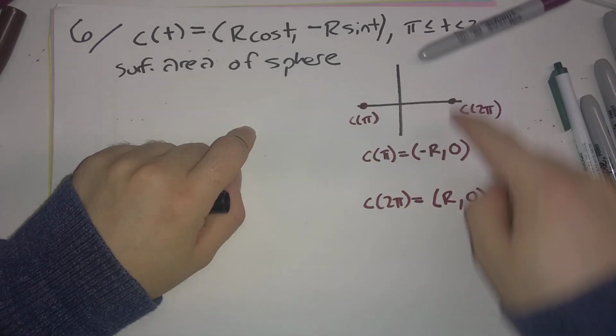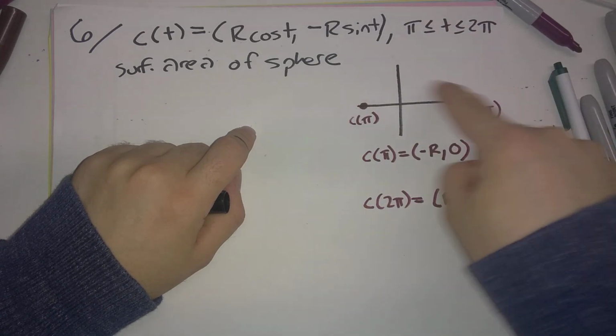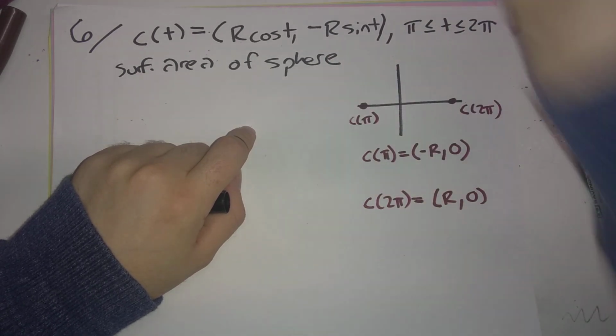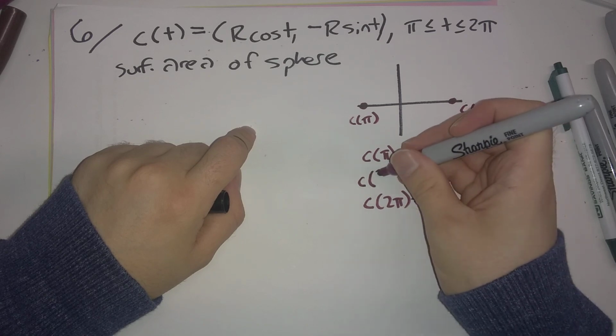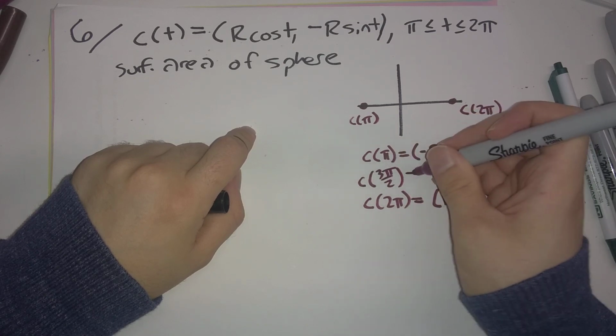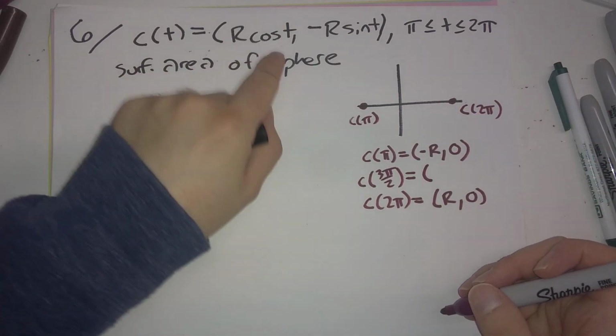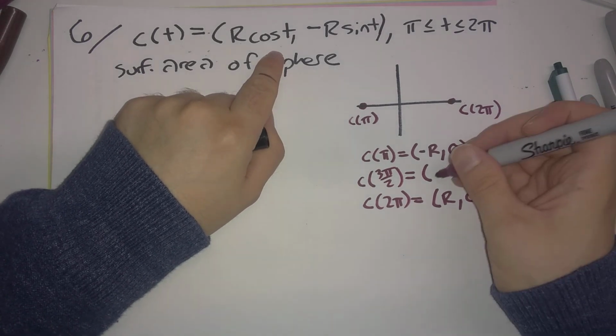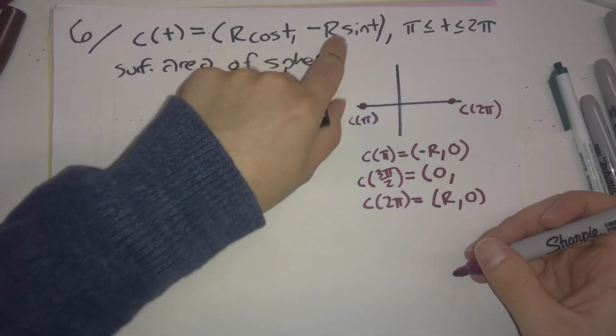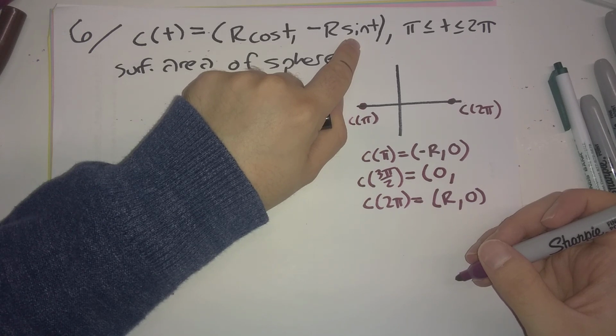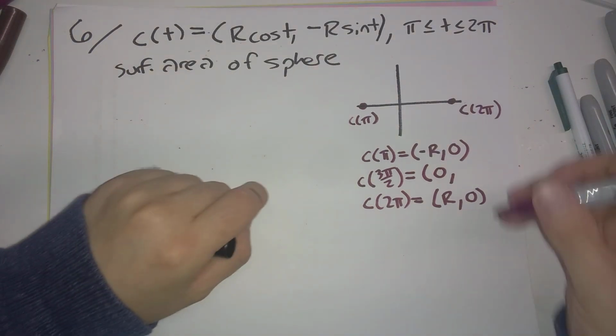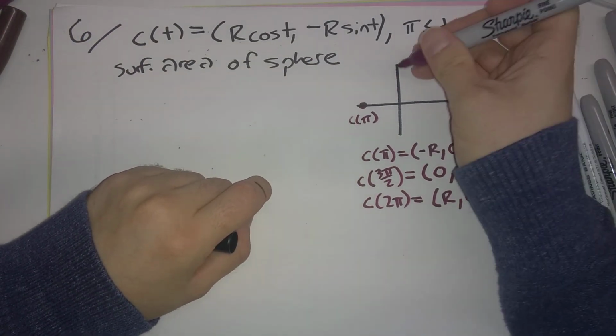Now, we can basically see at this point it's going to go like this or like this. Let's check 3 pi over 2 to see which way it goes. Cosine of 3 pi over 2 is 0, and r times 0 is 0. Sine of 3 pi over 2 is -1, and -1 times minus r is plus r.